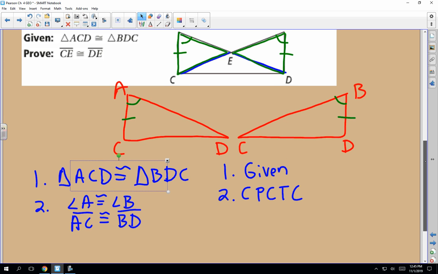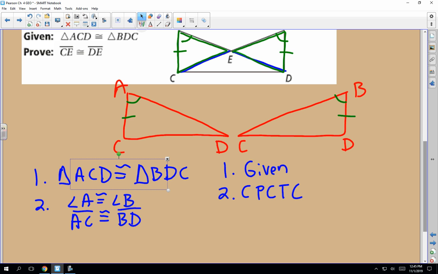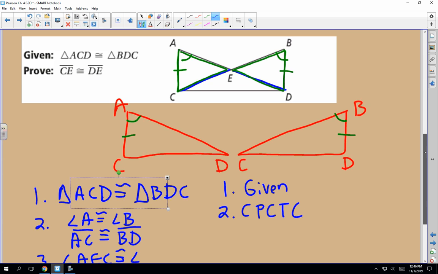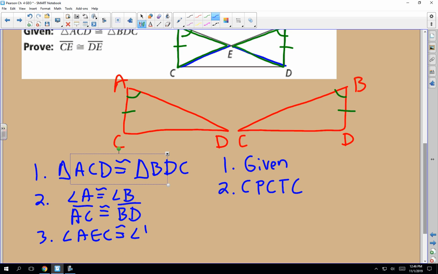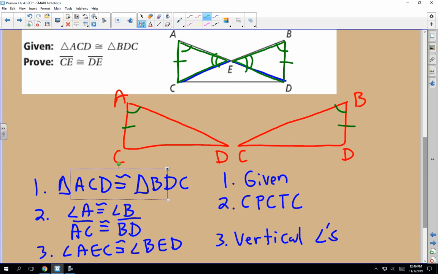So you can say angle AEC is congruent to BED by what? Yeah, that is going to be by vertical angles. So we've got these guys, and then looking at the picture at the top here, which of the four red congruence postulates or theorems will prove the two green triangles are congruent?